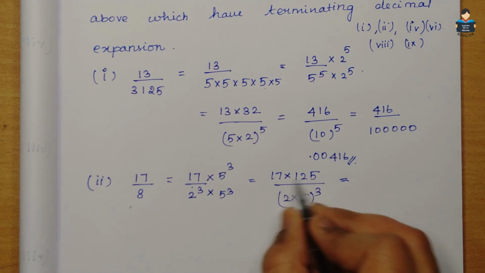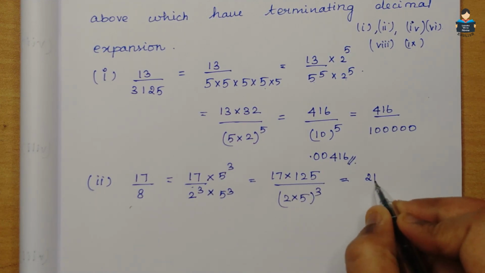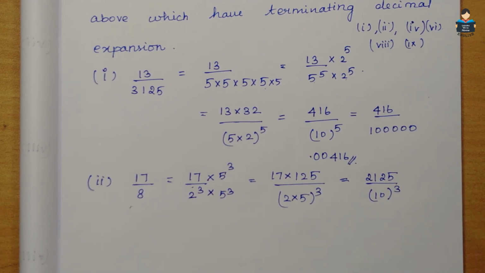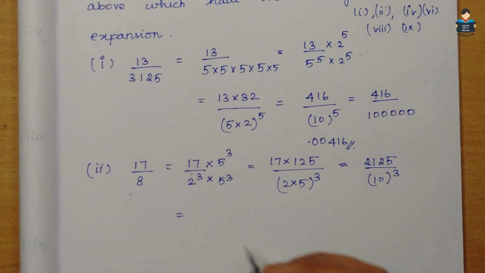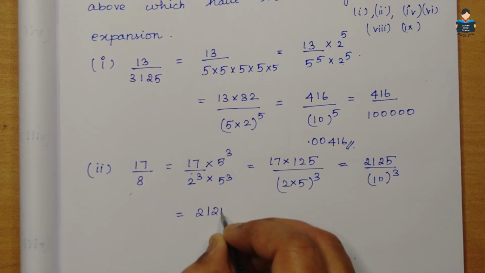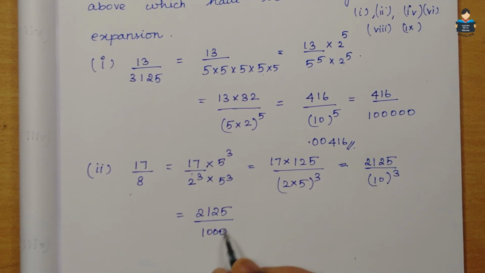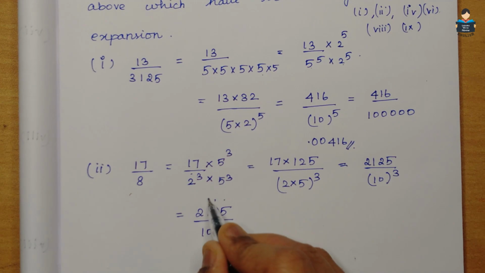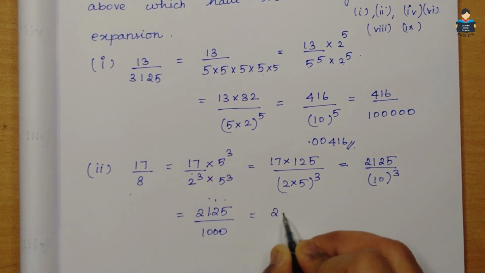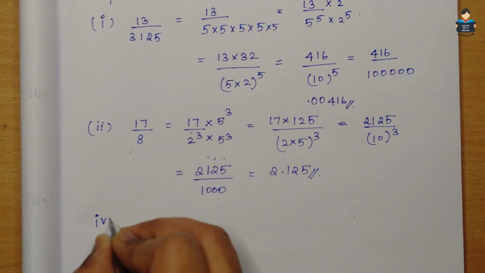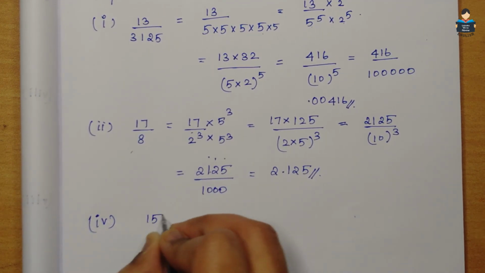When I multiply 17 and 125, I will be getting 2125 and this 10 to the power 3. So 2125 divided by 1000. I have 3 zeros and I have to place the decimal after the 3 digits. So ones, tens, hundreds. So 2.125 is the answer.